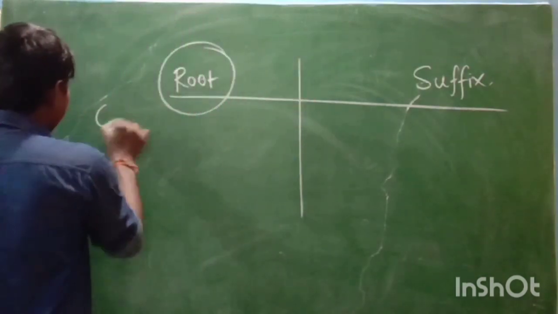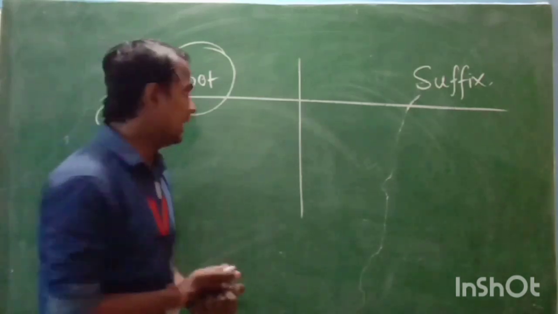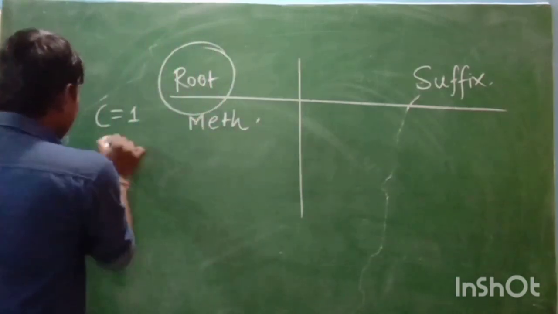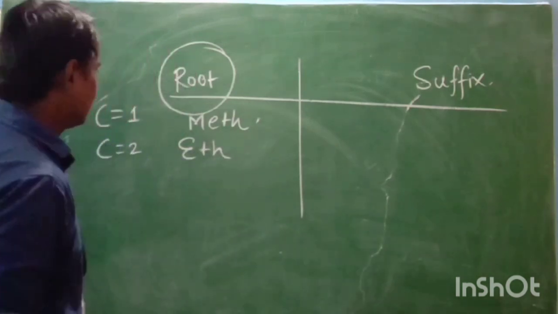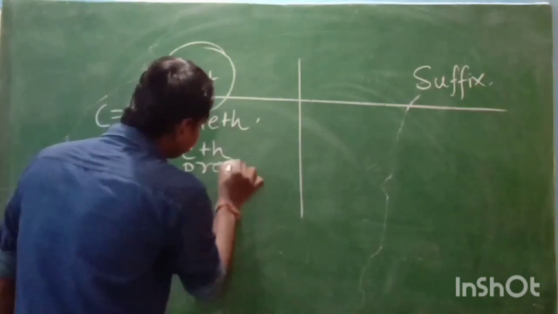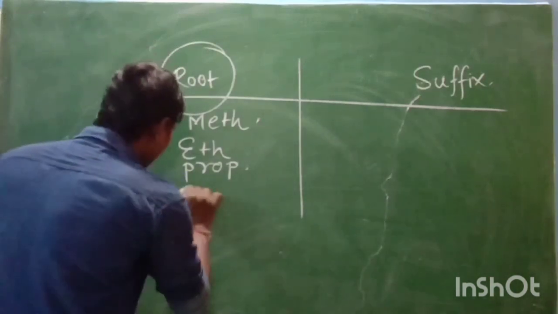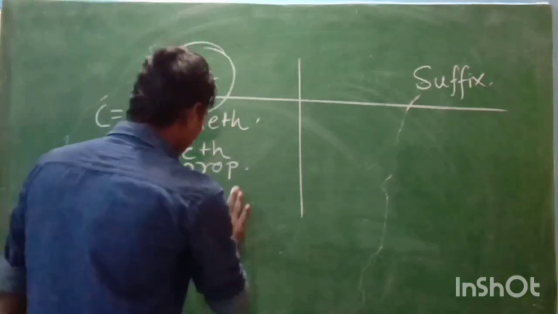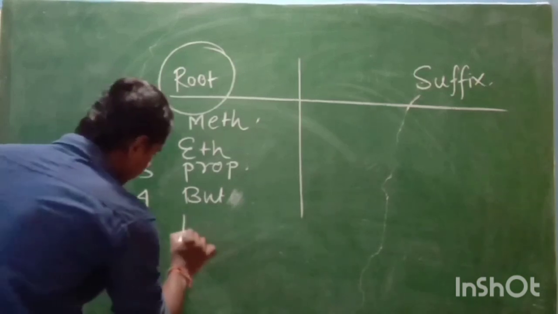Here also, roots mean the whole hydrocarbon, the whole compound, the whole chain is based on this root. If the number of carbons is 1, then the root is meth. If carbon is 2, then root is eth. If carbon is 3, then root is prop. If carbon is 4, root is but. If carbon is 5, root is pent.